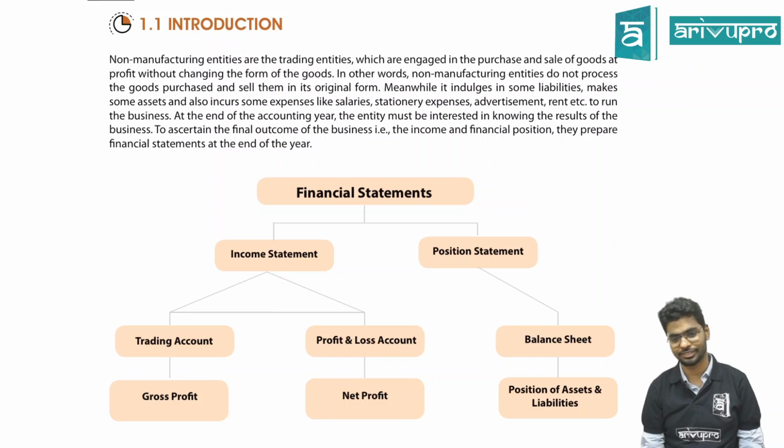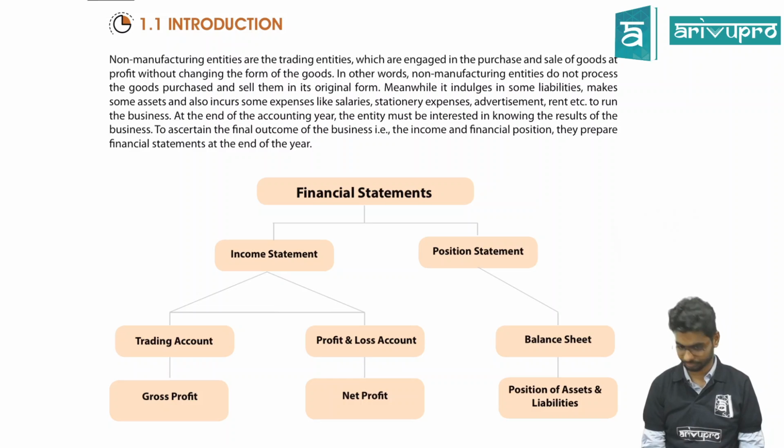We are talking of a business. When I say business, it's applicable for all of them, whether it's a partnership firm or other things. The difference between a sole proprietary firm and a partnership firm is that the way of recording all of this is the same, just the format changes. The basics of final accounts are the same, only the way of reporting is a little different.